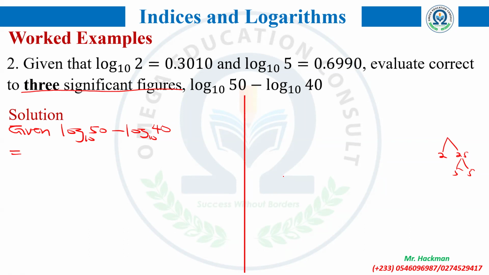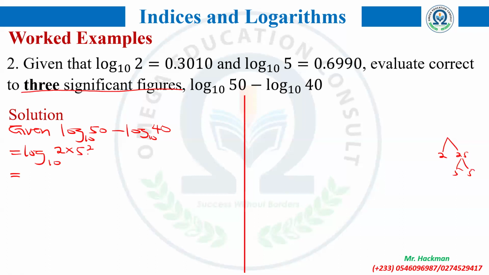Are you with me? So it means I can write this one as log base 10 of 2 times 5 squared. All correct. Somebody can also write 2 times 5 times 5.